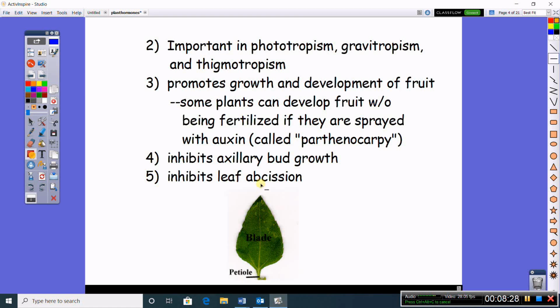So inhibiting leaf abscission. Leaf abscission is when the petiole part of a leaf breaks off from the stem and causes the leaves to fall from the tree. Okay, that's leaf abscission. Okay, leaves falling. So auxin will prevent that from happening.